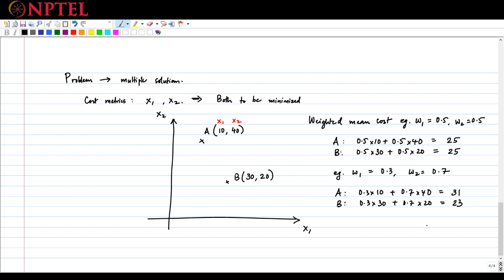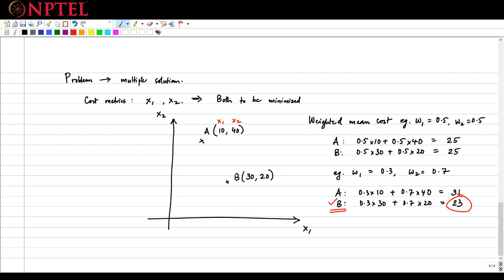Now which one is better? Remember, I'm trying to minimize the costs. B is better, right? And you can sort of see why that is the case, basically because I've given a higher weightage for metric 2 and B has a smaller value for metric 2, so B turns out to be better.